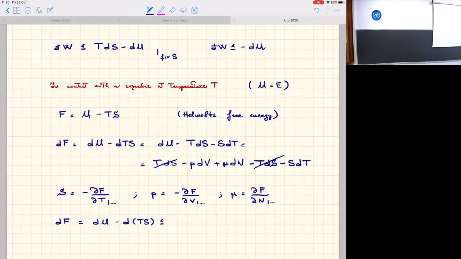So overall, I will get df smaller or equal than minus SdT minus PdV plus mu dn.